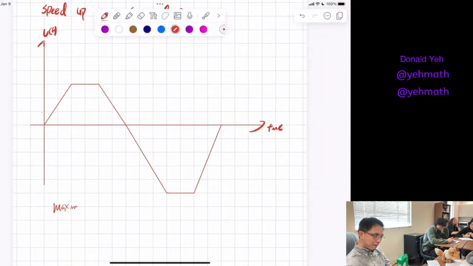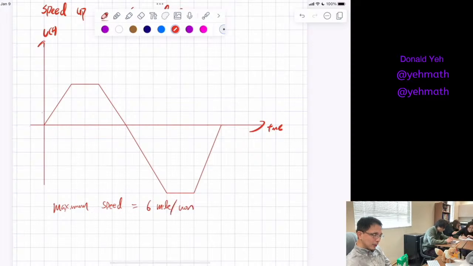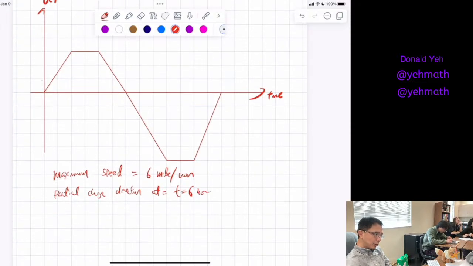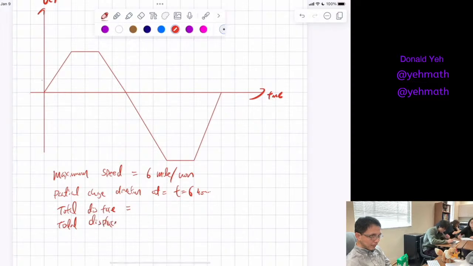Maximum speed is equal to 6 miles per hour, and the particle changes direction at t equal to 6. Wait, the fastest speed? It's 5. I can't count, sorry.